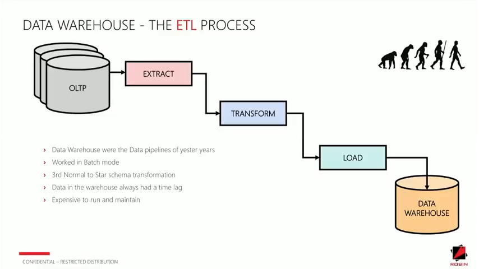A few years back, with the introduction of Hadoop, this process was disrupted, and from ETL, extract, transform, and load, it became ELT, extract, load, and then transform. And the modern day data pipeline has evolved from there.